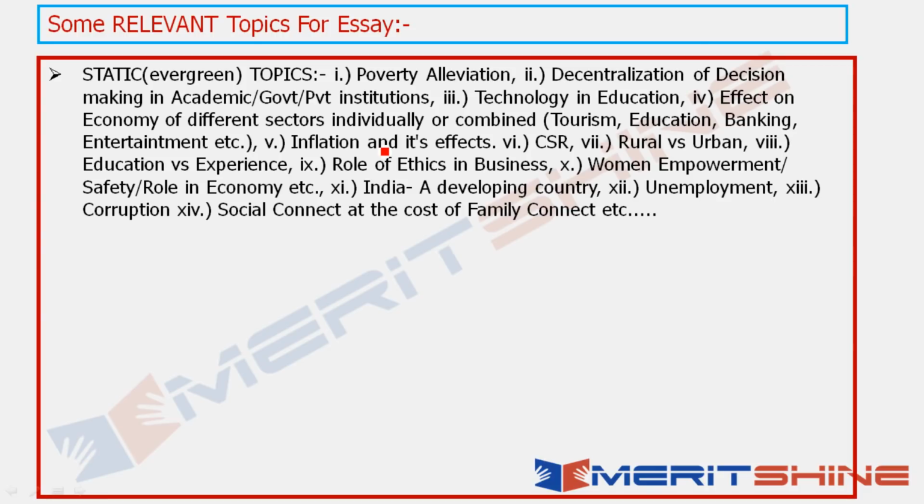Next, effect on economy of different sectors individually or combined. Now, this is something where you would need a little bit of research. But I think that you have already done that research. You have been going through general awareness, you have been going through current affairs for so long for this mains examination. So being able to write a 200-word essay on the tourism industry or education industry or banking industry shouldn't be an issue for you.